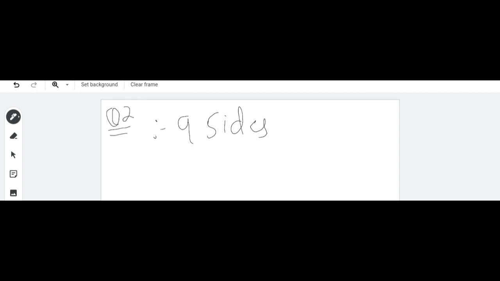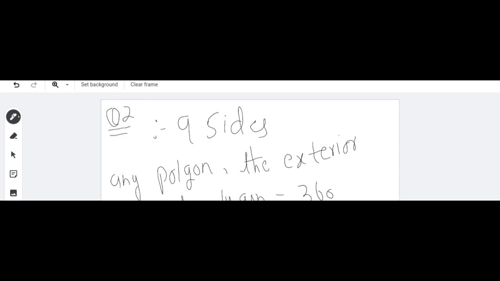So we know this. For any polygon, the sum of exterior angles of a polygon is equal to 360.